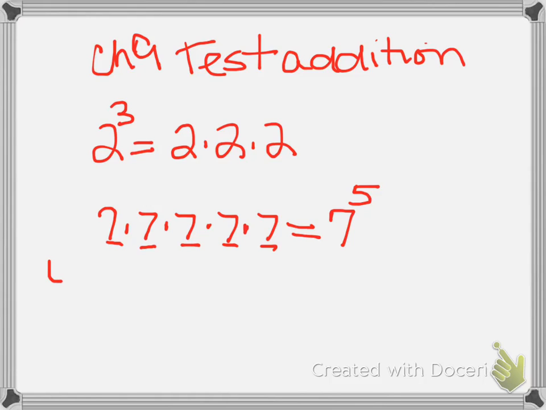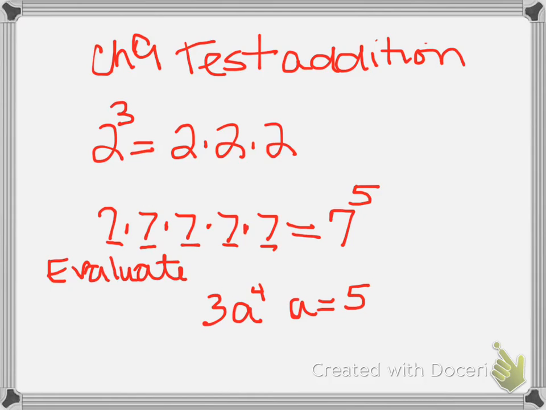Then you may have to evaluate something with an exponent. So if we had, let's say, 3 times a to the fourth power, and a is equal to 5, then you would have to plug the 5 in for a and show your work like this.